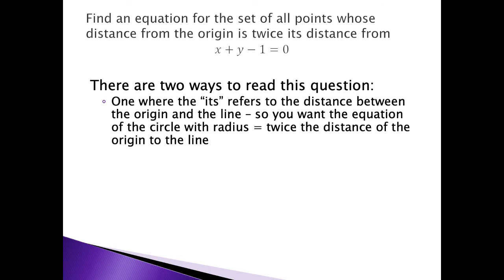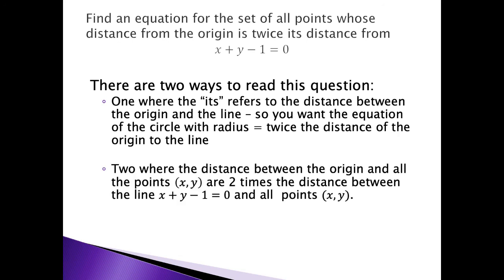So that's one answer. The other one is where you have the distance from the origin and all the points (x, y) is 2 times the distance from the line x plus y minus 1 equals 0 and all the points (x, y). Both of these answers are worked out in the notes.